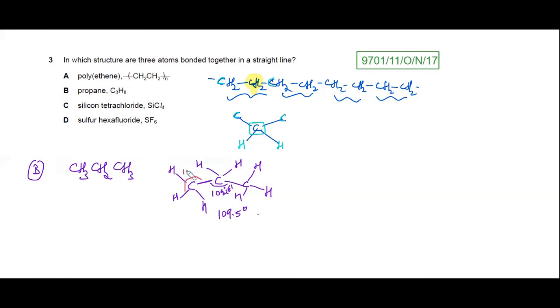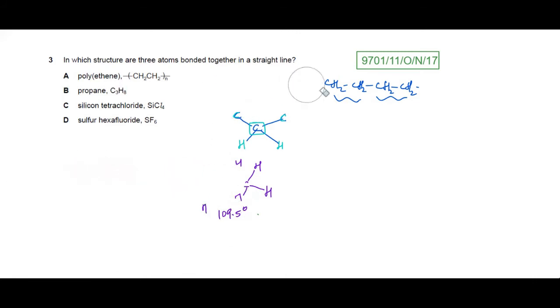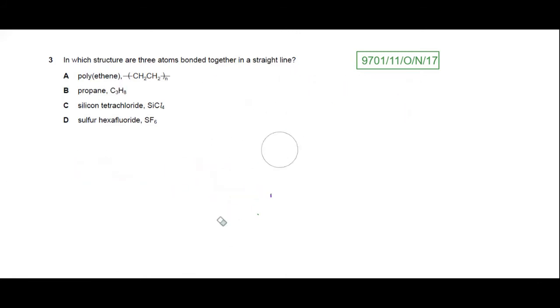Again, that is also 109.5 degrees, meaning in propane also, from whichever way we consider, it does not have 3 atoms in a straight line. So option A and option B we can rule out.